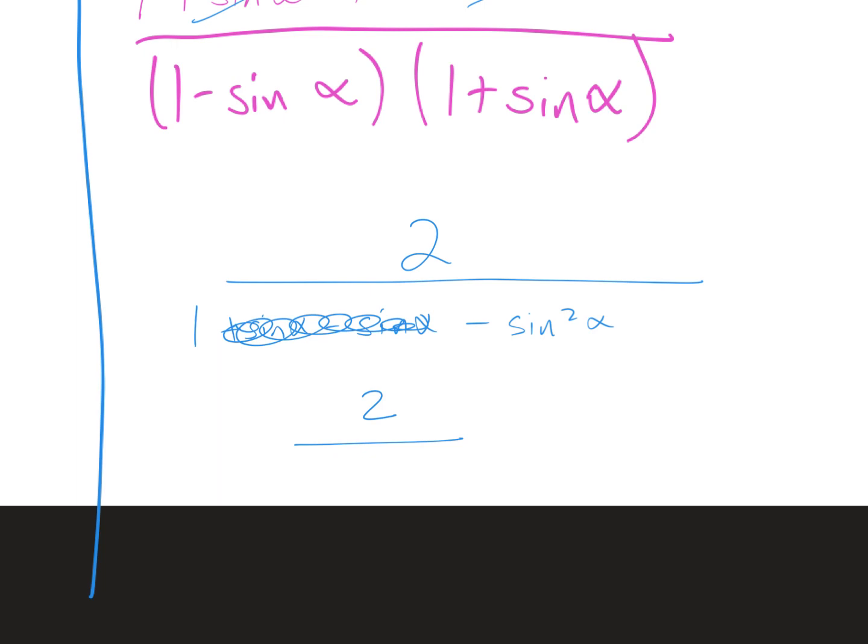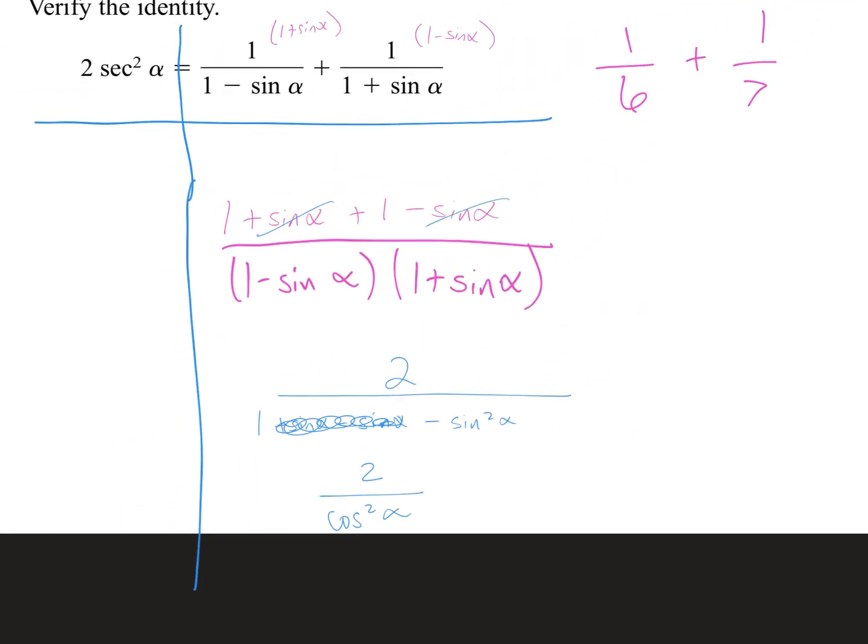Is that a Pythagorean identity? What's 1 minus sine squared the same as? Perfect. Cosine squared. So look at all of that, guys. We did a lot of simplifying there. I'm trying to get the right-hand side to equal 2 secant squared alpha. Am I almost there?